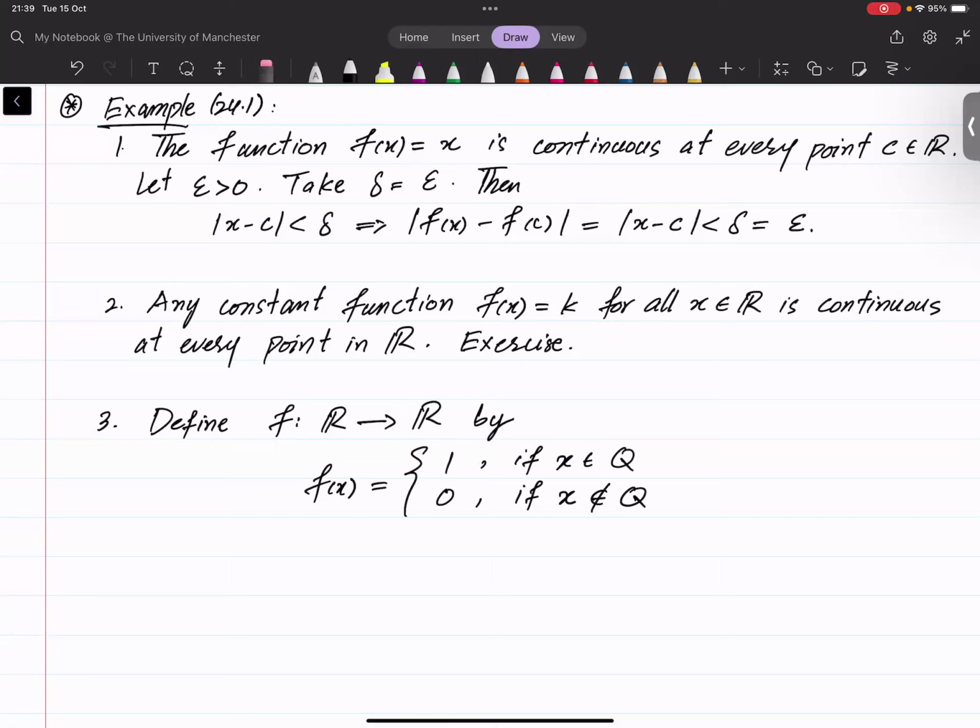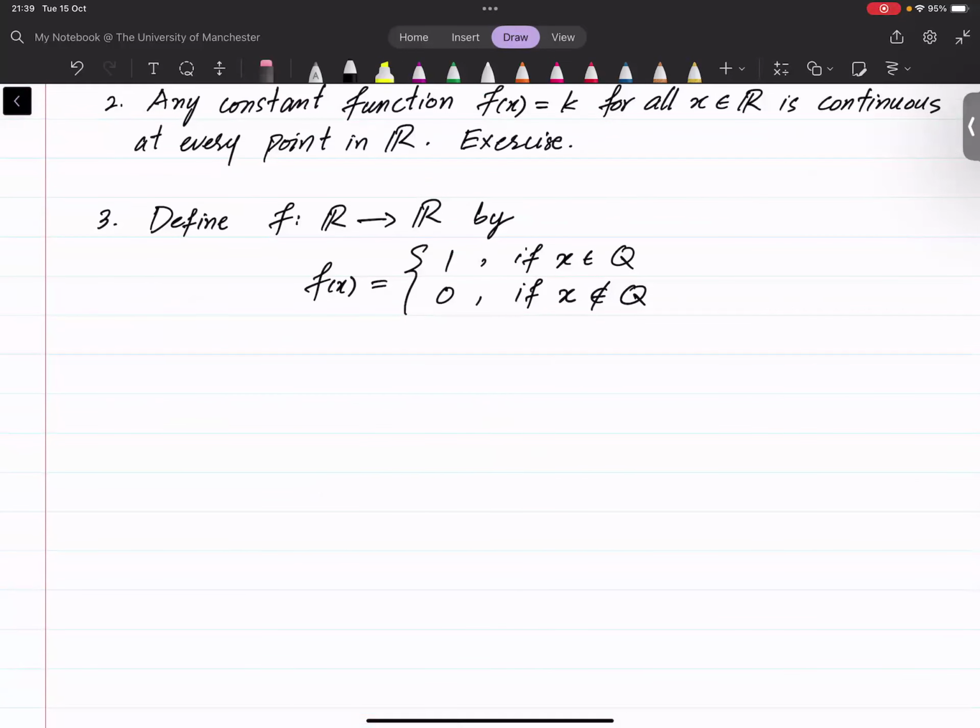Okay. Now we claim that f is not continuous at any point c in the real numbers.